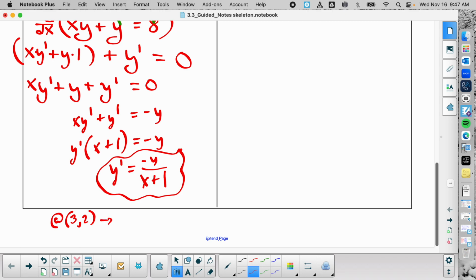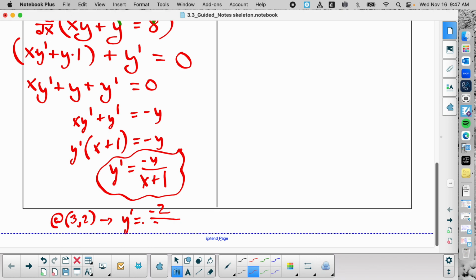Okay, so x is 3 and y is 2. I'm gonna plug in the 2 for the y, and then the 3 for the x. And so my slope on whatever this equation is, I'm gonna guess it's like a hyperbola, is gonna be -2/7.